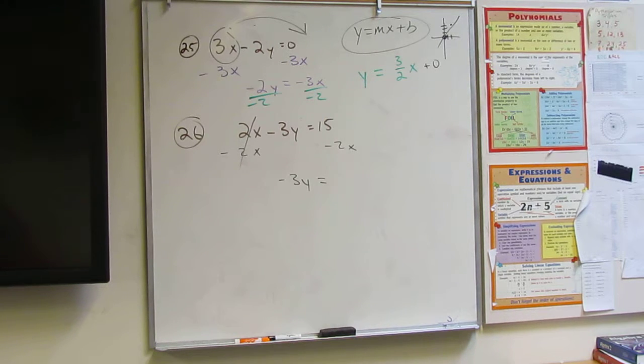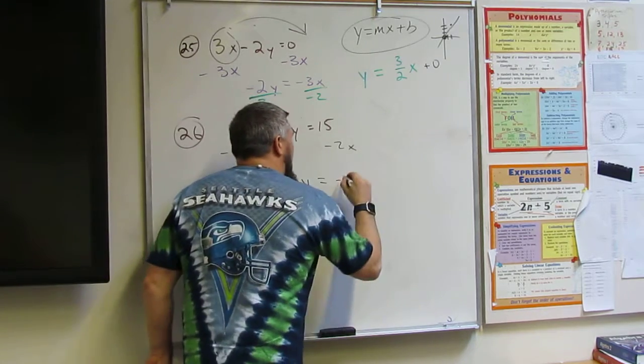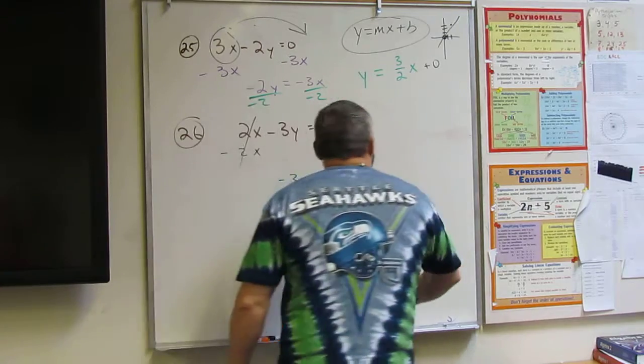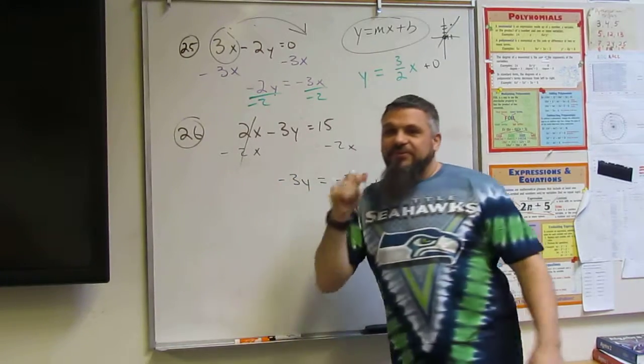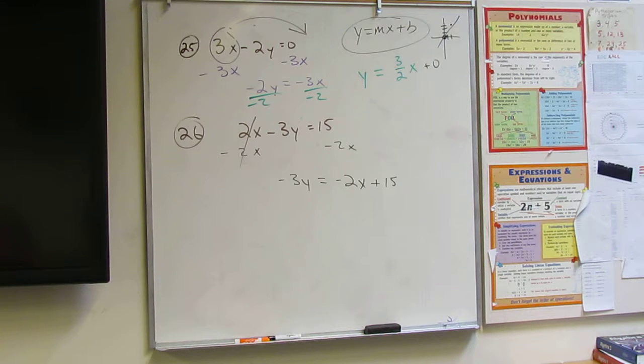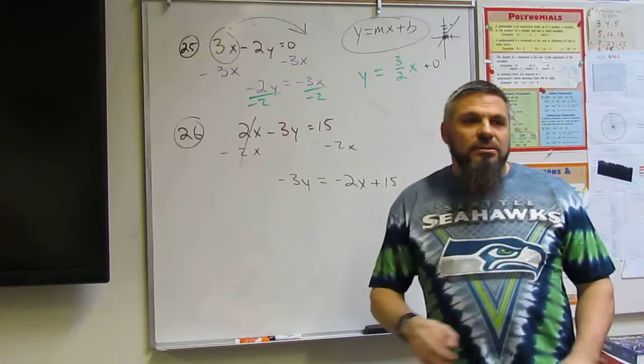The x or the number? Which one? Negative 2x or 15? What comes first? Negative 2x. Yes. Negative 2x plus 15. Why? Because we always put the variables first. And the variables always go in alphabetical order. Okay?